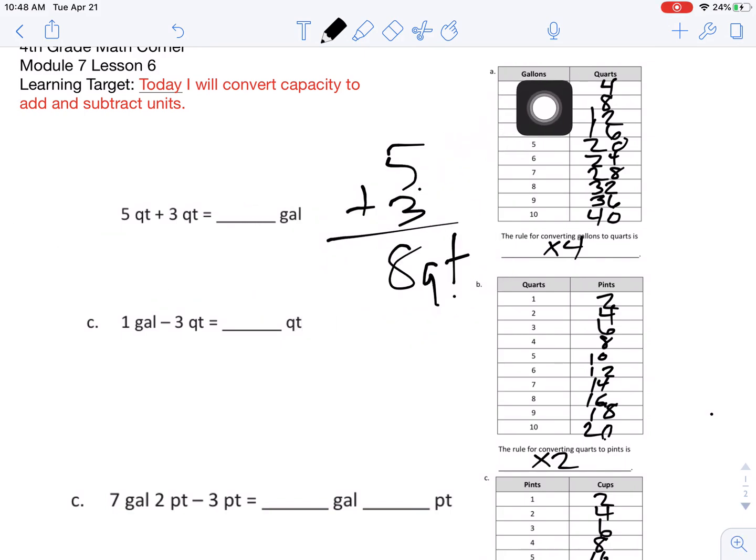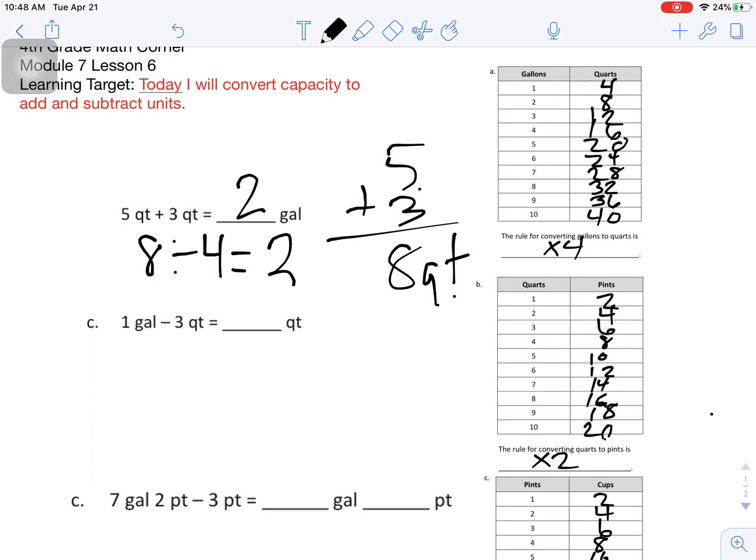Here's gallons to quarts, so I'm going to go backwards. I find my 8 quarts, and see how many gallons? It is 2 gallons. I could have also said I have 8 quarts, and I'm dividing them 4 quarts into each gallon. That is 2 gallons.